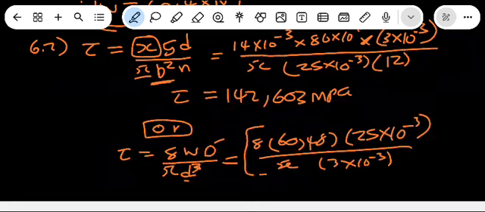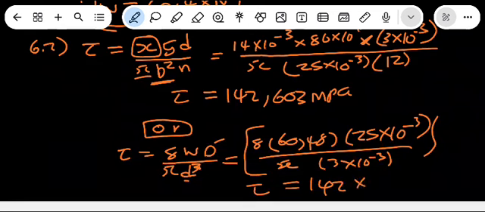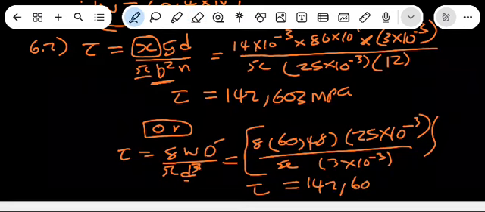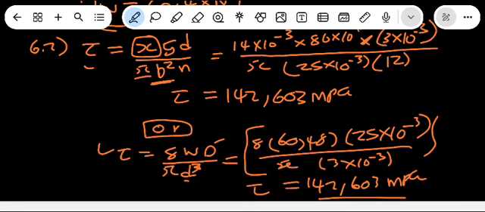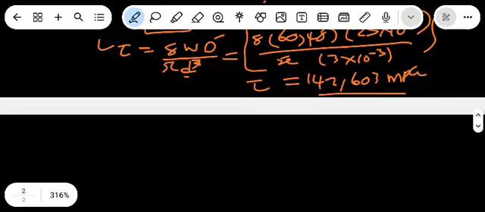This will simply give you 142.63 megapascal. It's up to you; you're still going to obtain the same result.